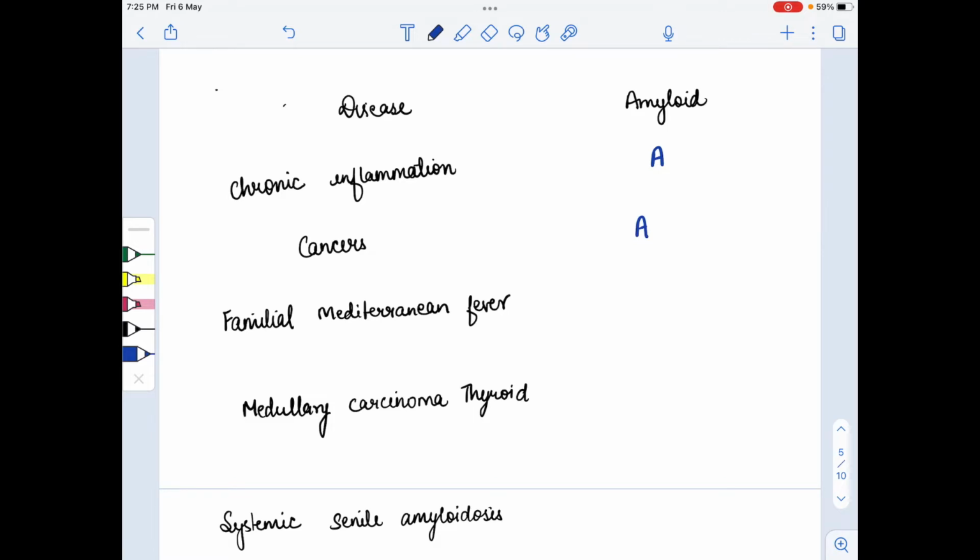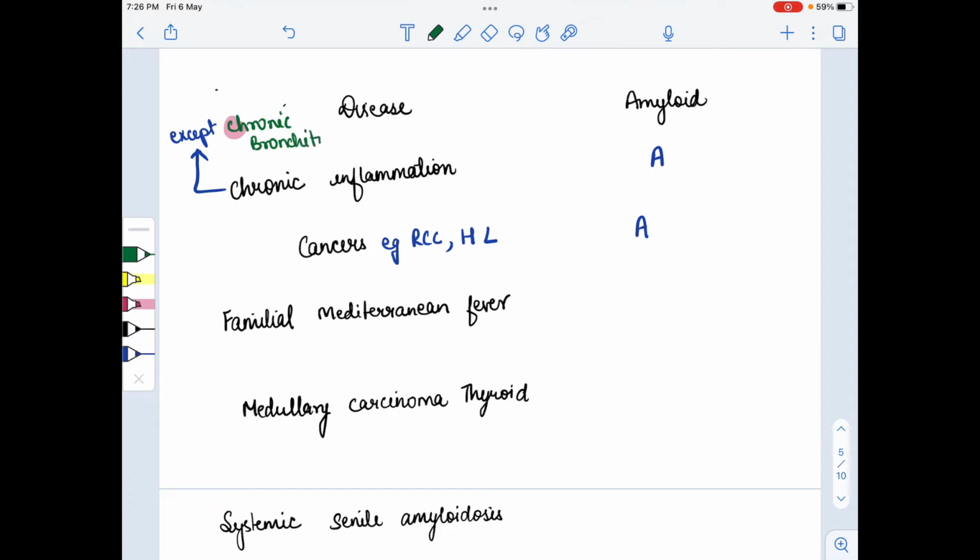In chronic inflammation or cancers, we have to remember examples like renal cell carcinoma or Hodgkin lymphoma. And in chronic inflammation, there is one exception: chronic bronchitis.